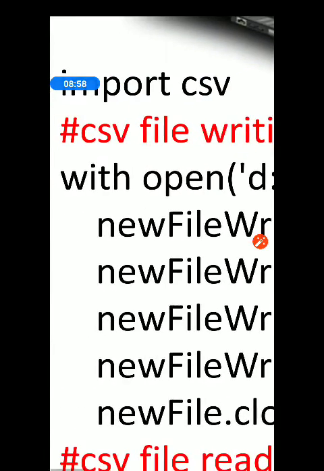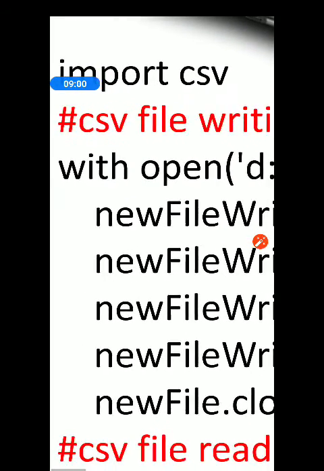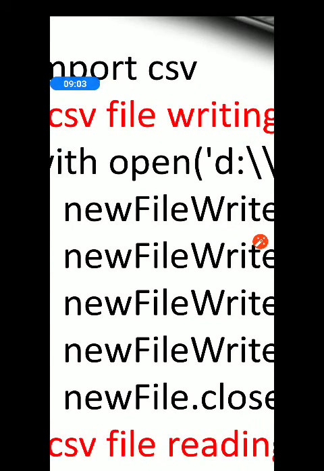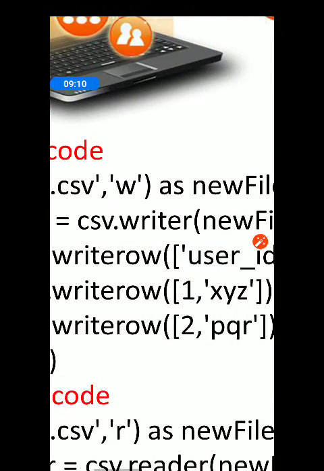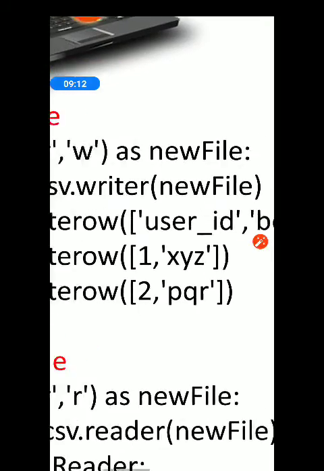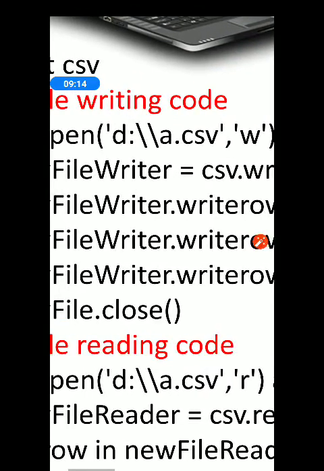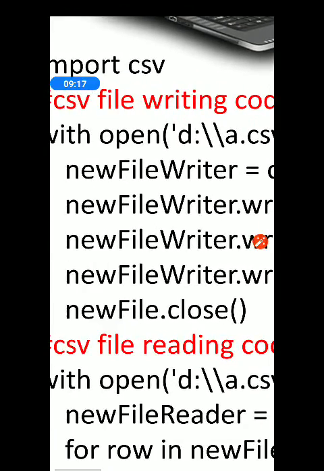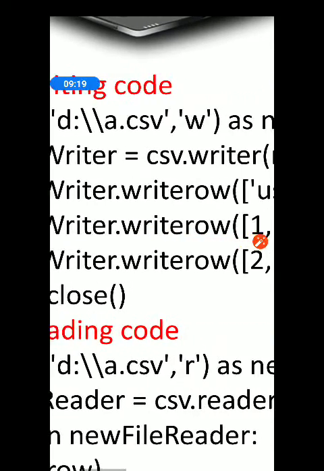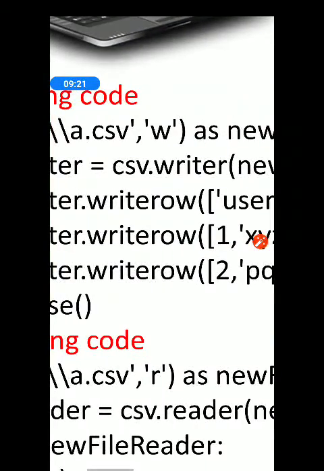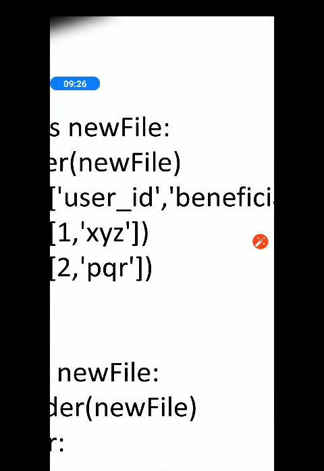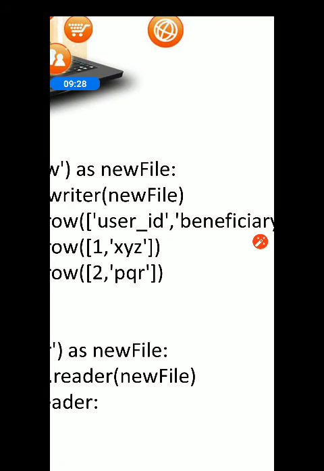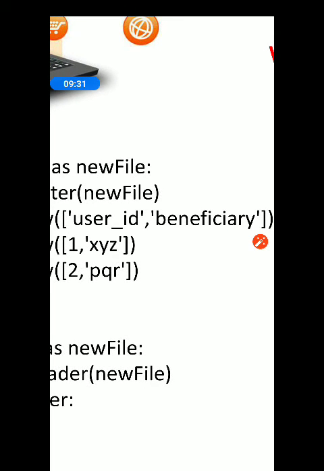After that, give an indent, and then new file writer equals csv.writer new file. After that, new file writer dot writerow. The writerow function is used to write one row. A list is provided.